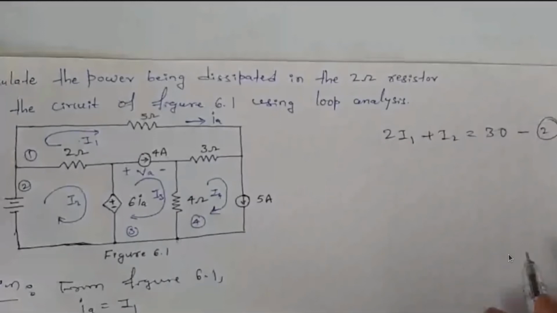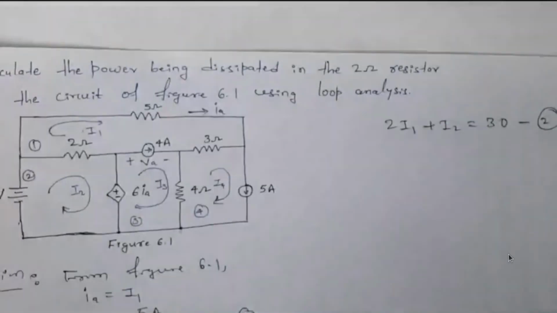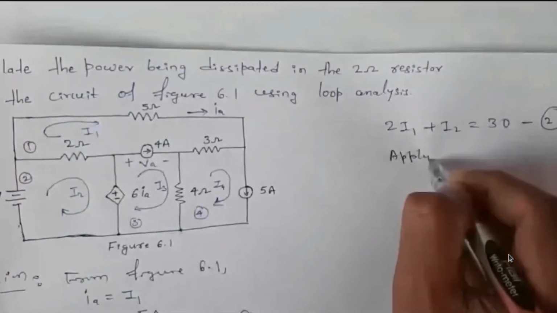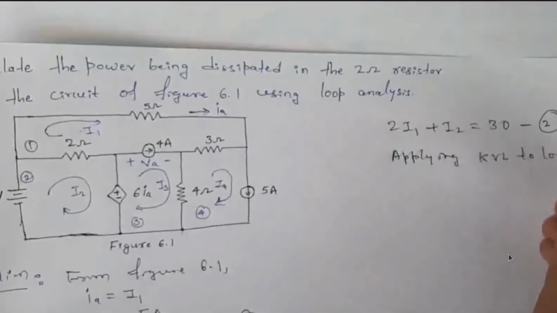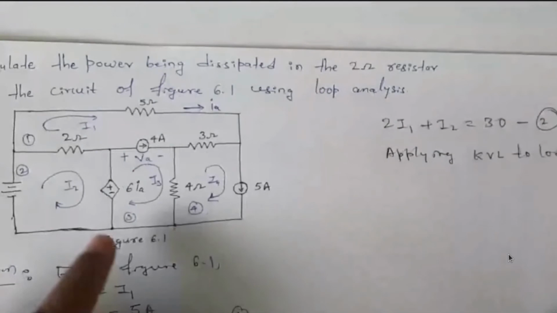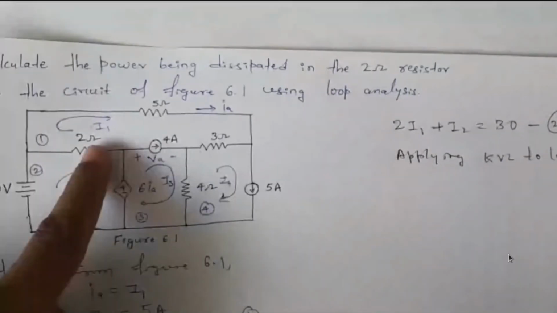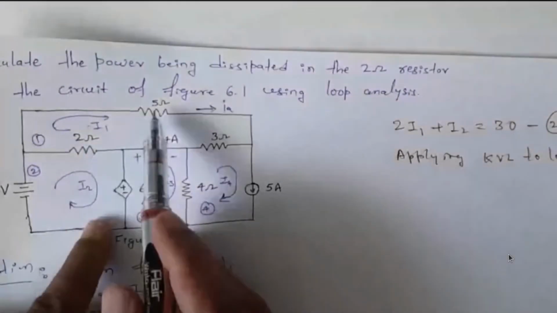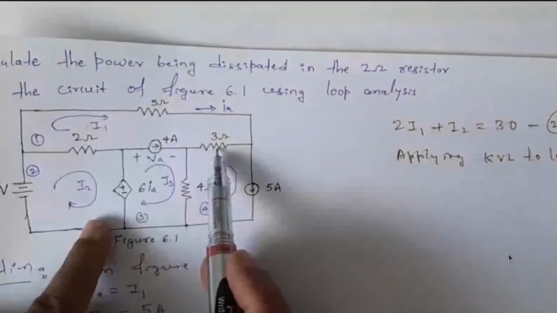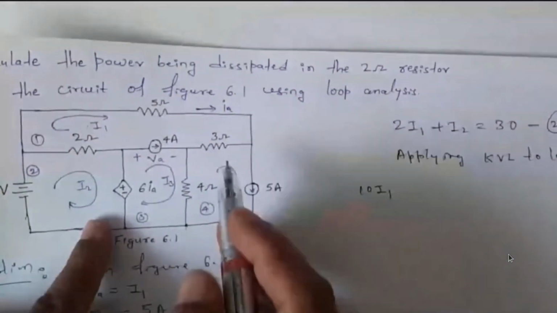Okay. So now what I do, I'm going to apply KVL to loop 1. Loop 1 is here, dear student. Directly, when I write 5 plus 3, 8 plus 2 is 10, 10 I1.